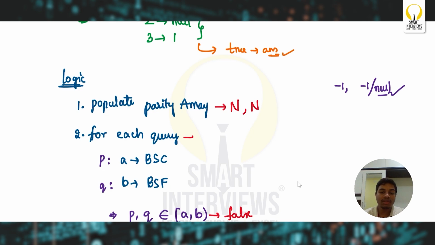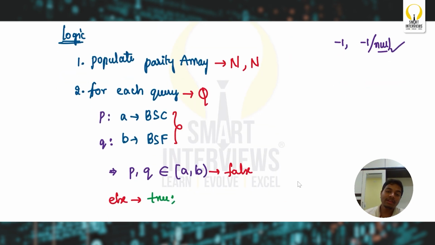And for each query Q, we're trying to apply binary search. This is going to take 2 times log n, which we can simplify to say log n time with base 2. The check for whether it belongs to the range is a constant time operation, and you're going to return true or else false.